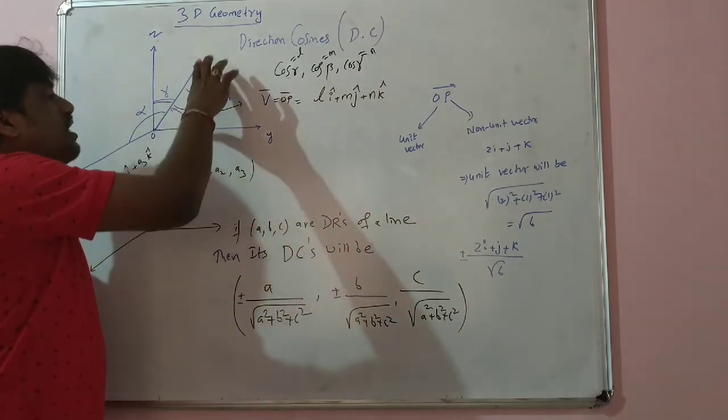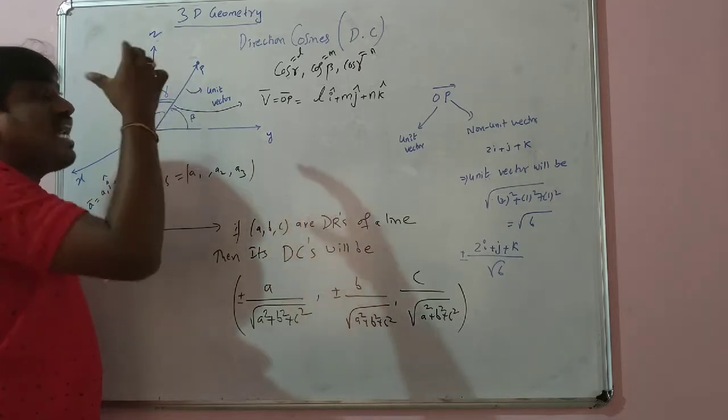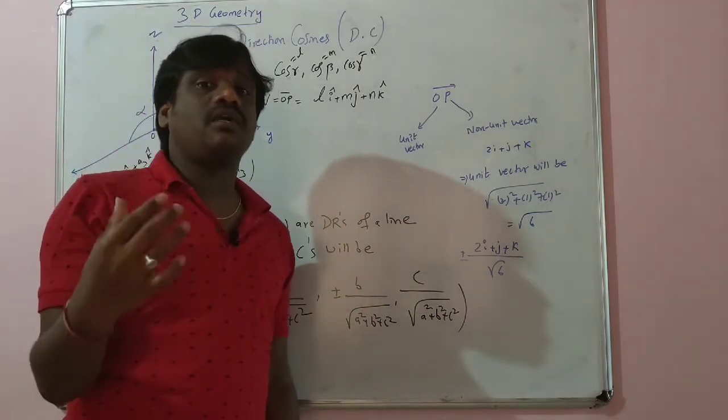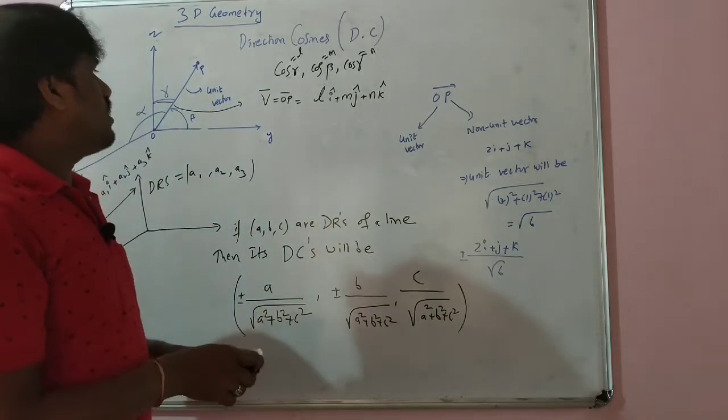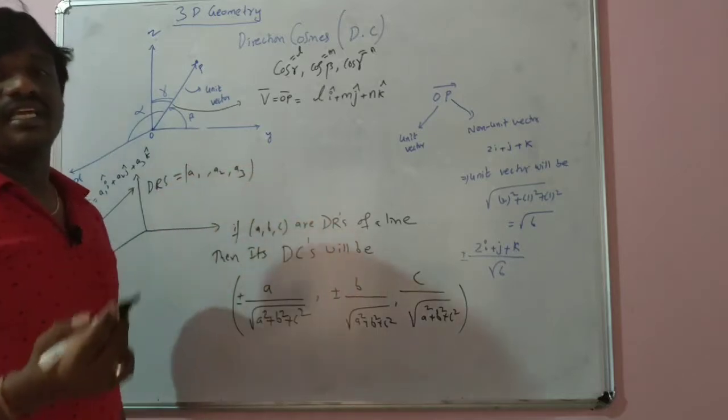If any unit vector makes angles with the x-axis, y-axis and z-axis, its components are called direction cosines. So we can say OP vector is equal to Li plus Mj plus Nk.